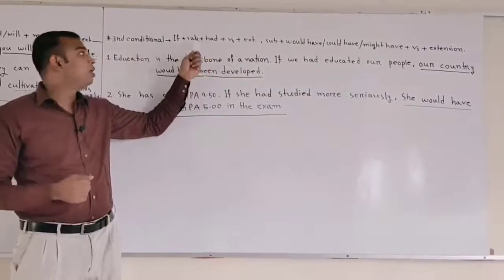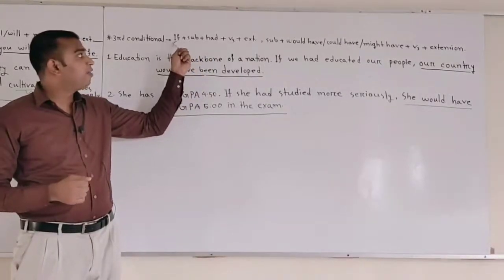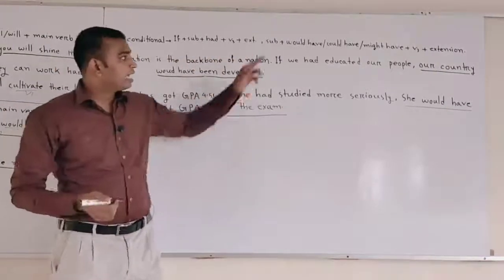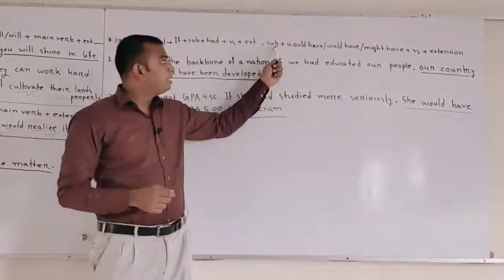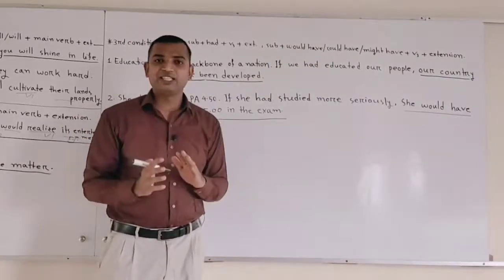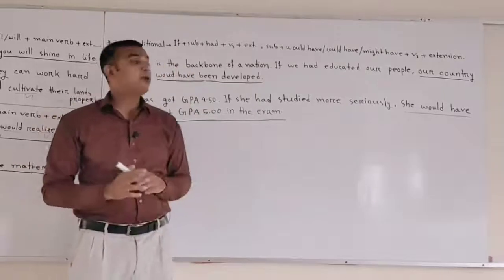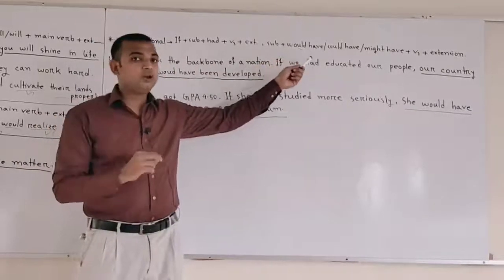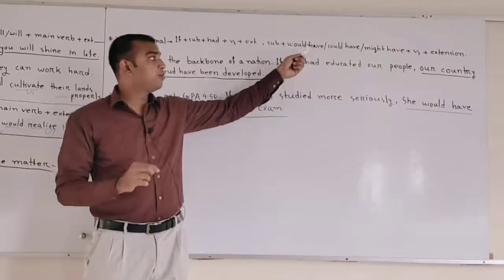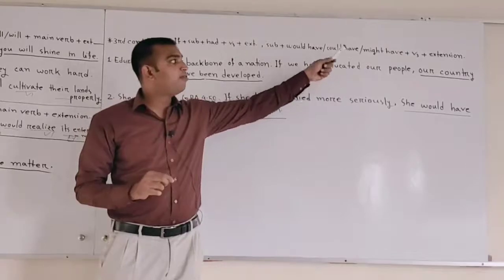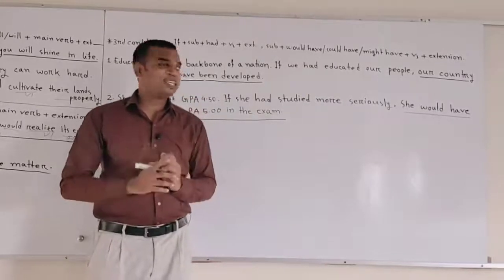So when the clause begins with if, then subject had verb 3 plus extension, the second clause will be subject plus would have, could have, might have plus verb 3 plus extension. So in respect of third conditional, when you write the second clause, the principal clause, you have to follow these rules: subject plus would have, could have, might have plus verb 3 plus extension.